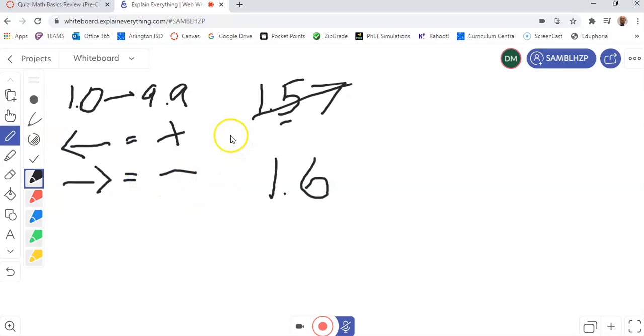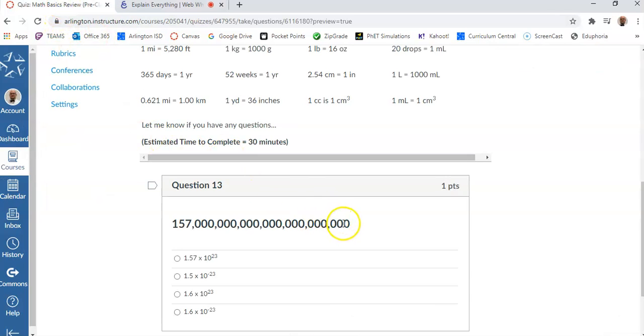So let's count and see how many places we moved. The original decimal is right here. 1, 2, 3, 4, 5, 6, 7, 8, 9, 10, 11, 12, 13, 14, 15, 16, 17, 18, 19, 20, 21, 22, and 23.